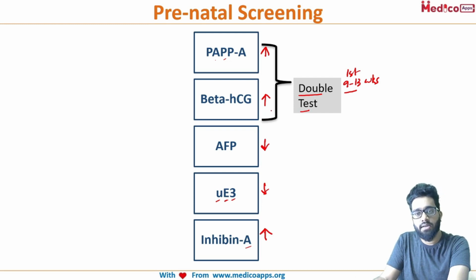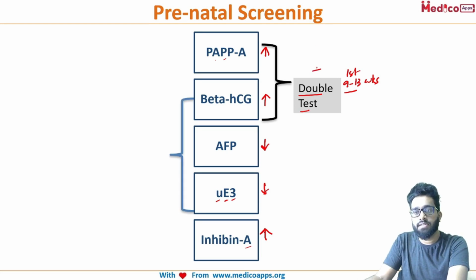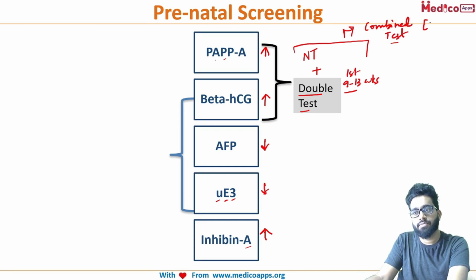If that is elevated, then it is probably a screen positive for Down syndrome. This double test along with nuchal translucency, that is the antenatal ultrasound, together is called your combined test. The combined test is usually done in the first trimester.